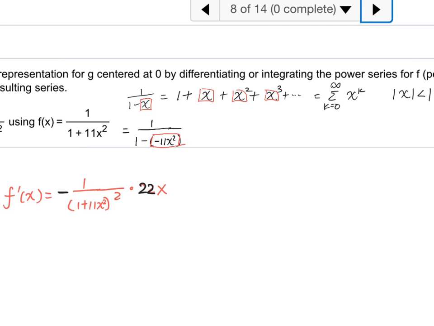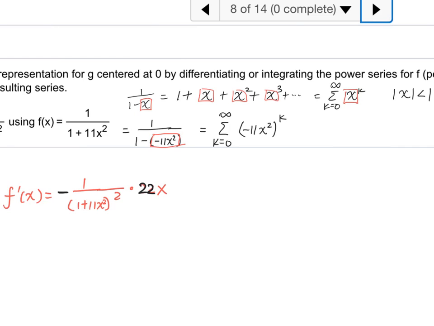Now if you do this substitution, so we're using the method of substitution, basically this is going to be the summation k from 0 to infinity. Inside the box, that's negative 11x squared raised to power k. And actually we are doing the substitution right here. So think of this as your box, right?